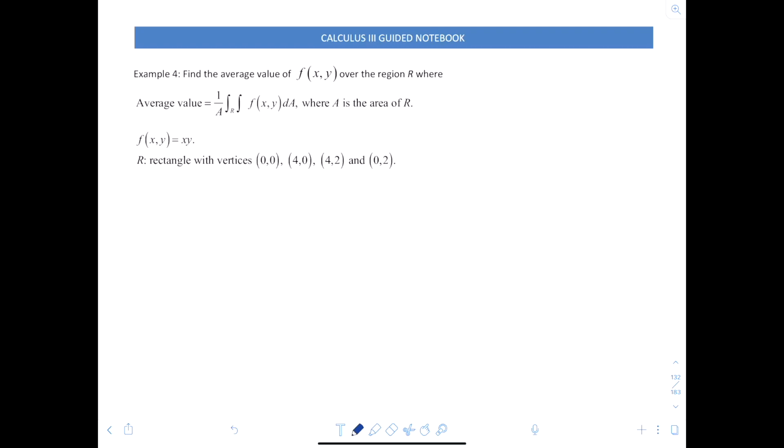So all we have here is just a rectangle for our area base. And we've been given these vertices. So it looks like x is going from 0 to 4 and y is going from 0 to 2.